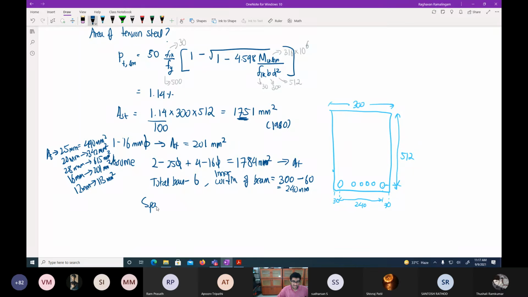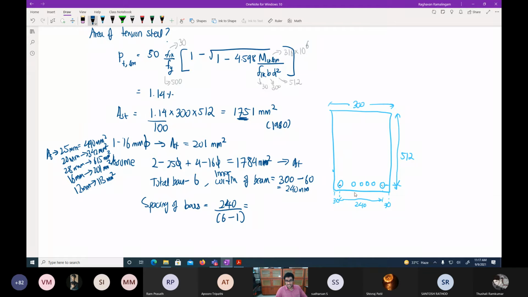So now my spacing of the bars should be nothing but 240 divided by, there are total number of 6 bars. So when I try to find the space between them, I'll do 6 minus 1. The center of this bar to the center of this bar is 240 mm.